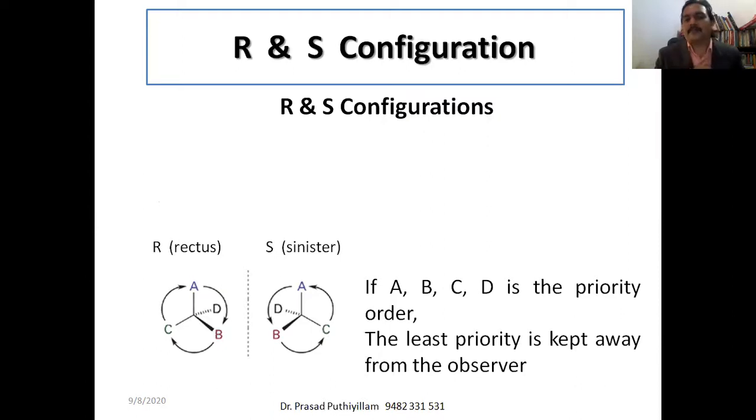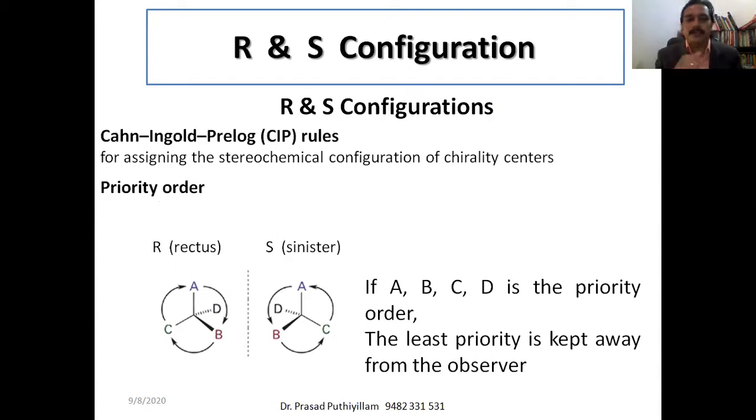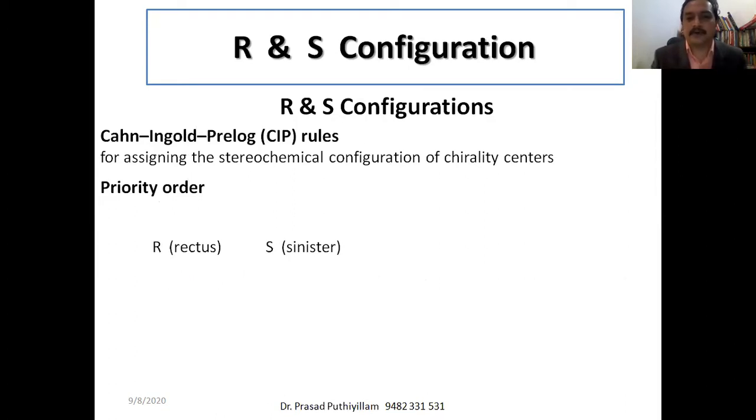So, how to give the priority order? We have to follow the CIP rule, that is Cahn-Ingold-Prelog, the names of the scientists. They first produced this rule for giving the RS configuration. Therefore, we call it the CIP rule for the configuration of a chirality center.